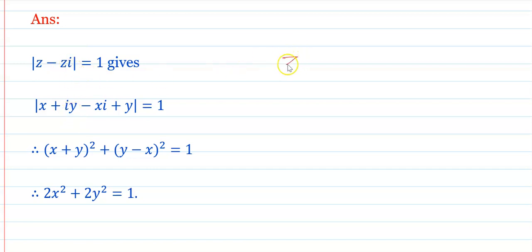z is equals to x plus iy. zi means what? xi plus i into i. Okay. Then you will get xi. i square means what? Minus 1. That is xi minus y. Okay.